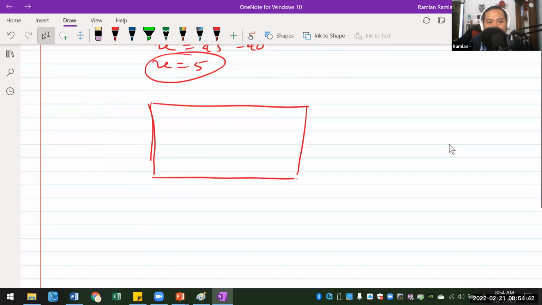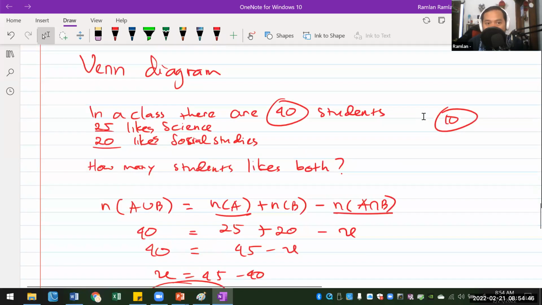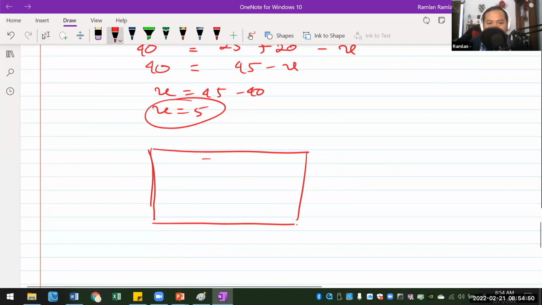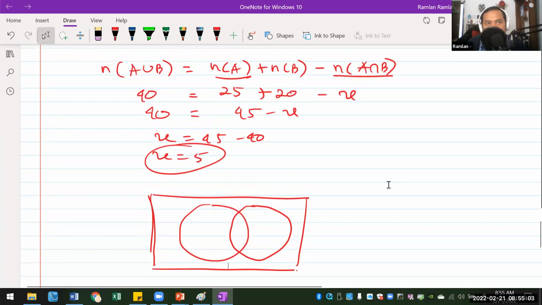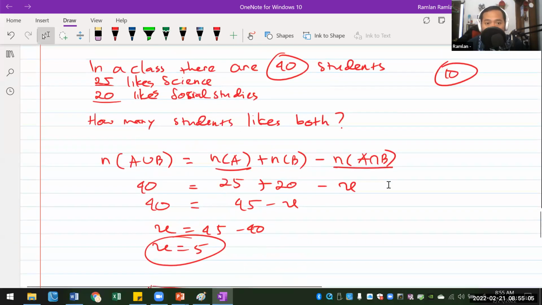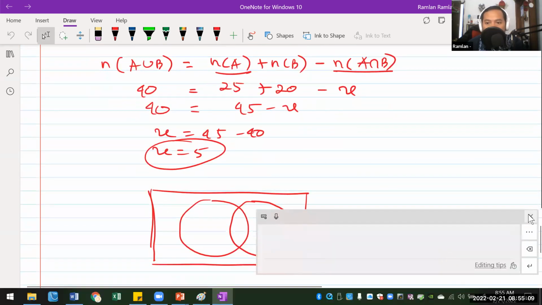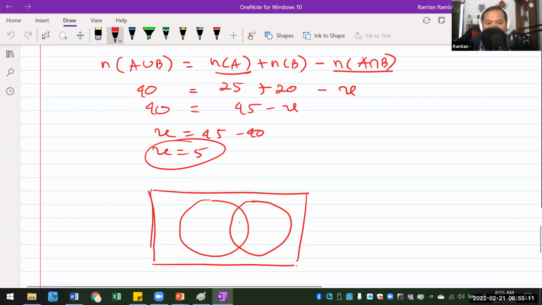And since there are students who like both science and social studies, we have an intersection Venn diagram, something like this. And since the number of students who like both is 5, you put 5 in the middle, inside the intersection.